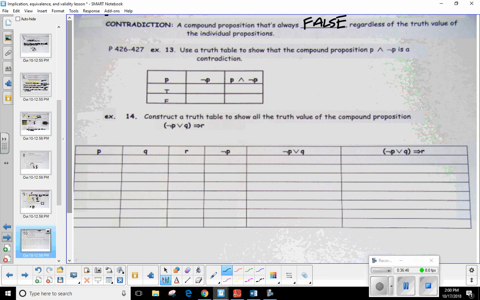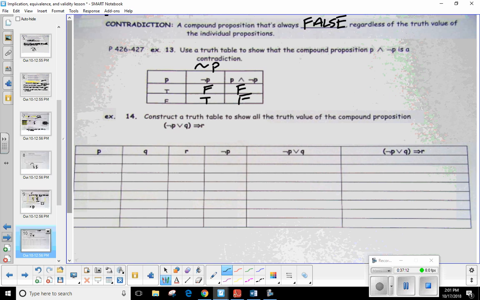Okay. Use the truth table to show that this is a contradiction. Well, the negation. Now, in place of the sideways L, what can you also have? Just that little tilde, the little curve. So this one would be false. This one would be true. So now, what is it here? Both have to be true in order to get a truth, right? So true, false is false.